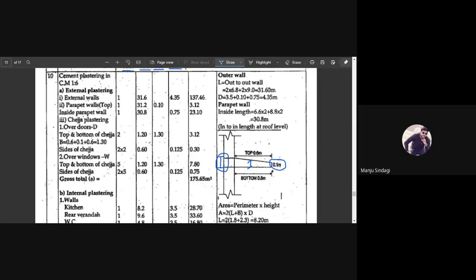Sir, enough, sir. Okay, some of you are saying enough. Just raise your hands if you think it is enough for today, we can have a vote, because cement plastering is difficult to understand and will take time.